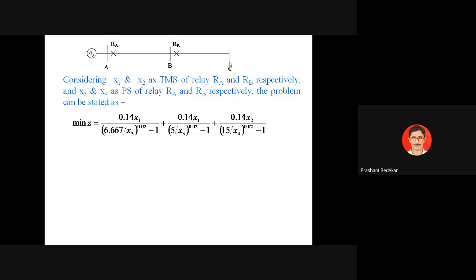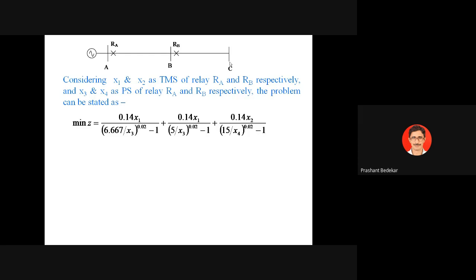So, plug setting of relay A and relay B, that is x3 and x4. 4 variables for 2 relays. The objective function becomes minimize 0.14 x1 upon 6.667 divided by x3 raised to power 0.03 minus 1. So this way you have to find out the different terms.